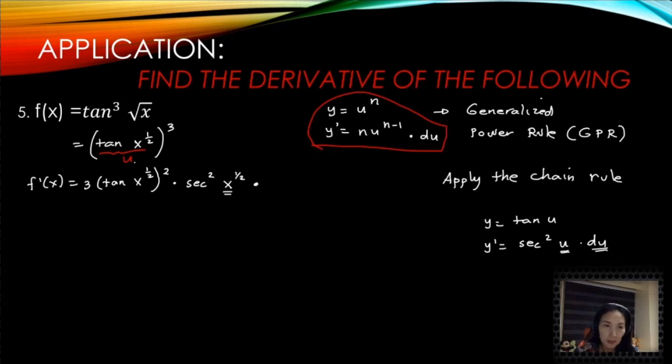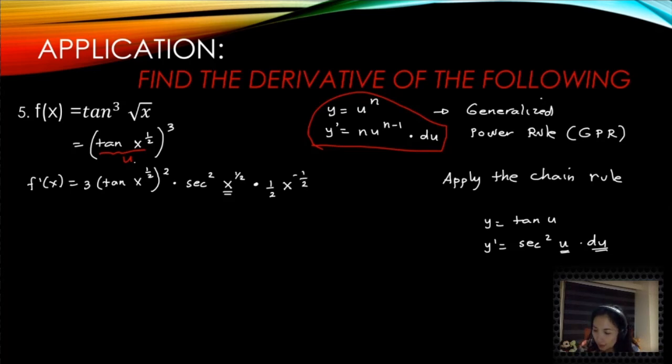We won't stop here. Differentiating x raised to 1/2, what do we get? Times 1/2 x raised to, subtract 1 from the exponent, negative 1/2.